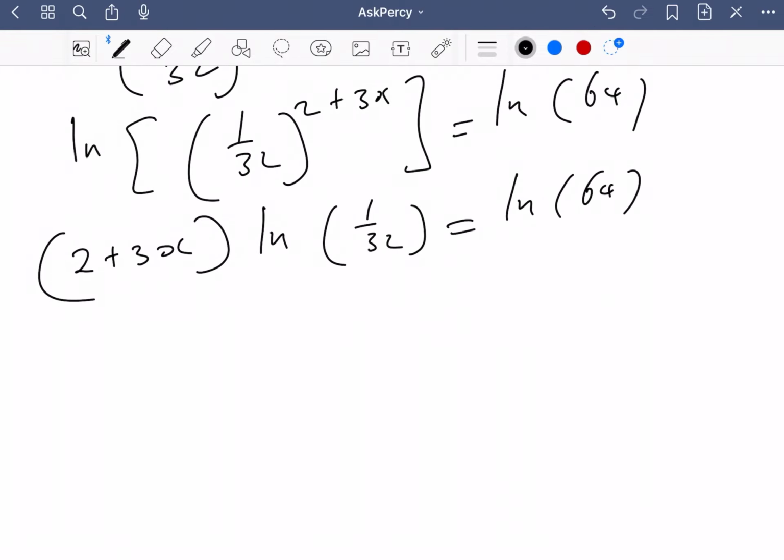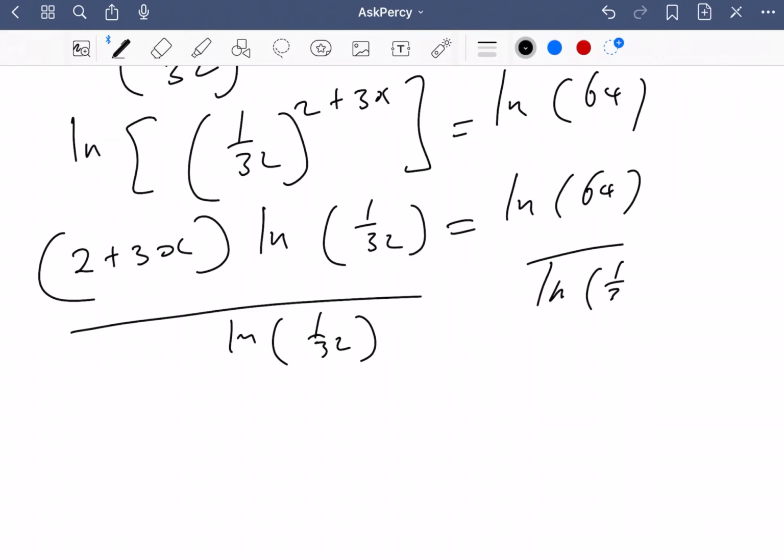And then because we're solving for x, we can divide by ln of 1 over 32 on both sides so that we can cancel that ln of 1 over 32. So ln of 1/32 over ln of 1/32 is equal to 1. So it cancels, and then you can just take your calculator and punch ln of 64 over ln of 1 over 32.